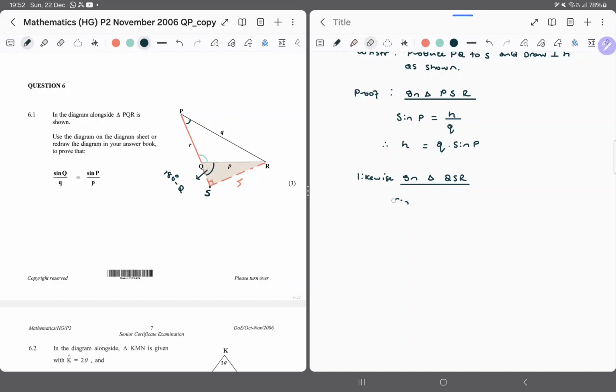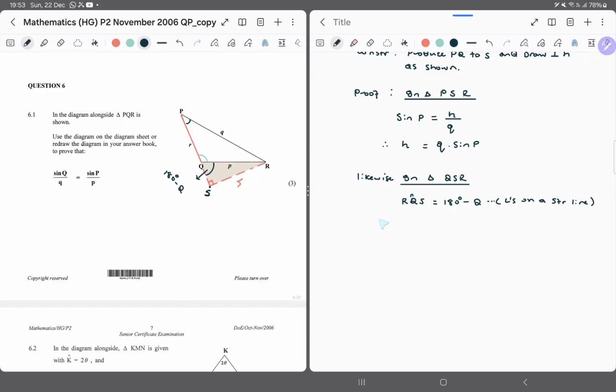So before we start saying things, we can easily say that angle RQS is going to be equal to 180 degrees minus angle Q. I'm using angle Q because we said that one was the other one. So what is this? These are angles on a straight line. It's a very important component of this proof.